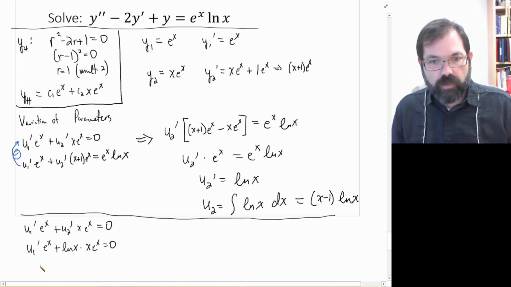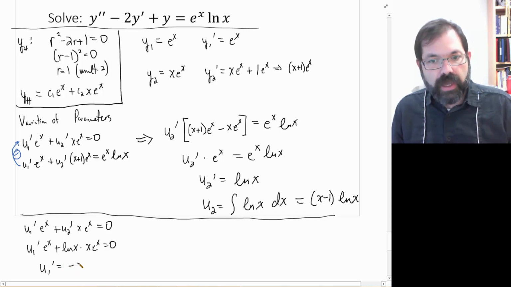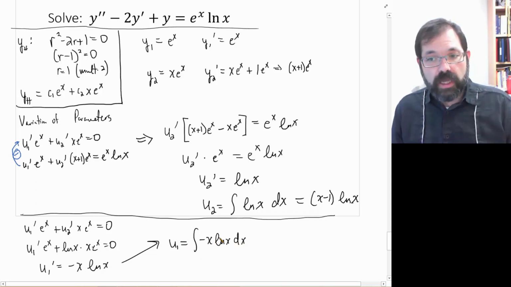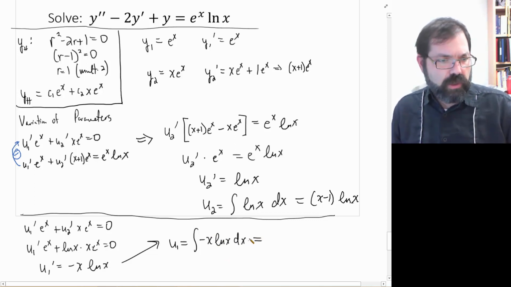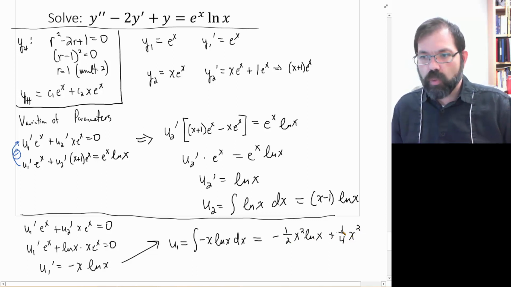And if we solve this for u1 prime, it is then equal to negative x natural log x. And so then u1 is equal to the antiderivative of negative x natural log x dx. And we again apply an integration by parts. And u1 is then, I'm taking this from my notes here, negative 1/2 x squared natural log x plus 1/4 x squared.